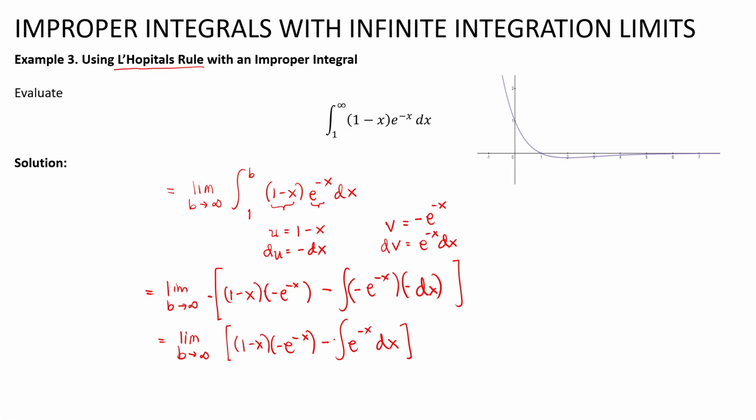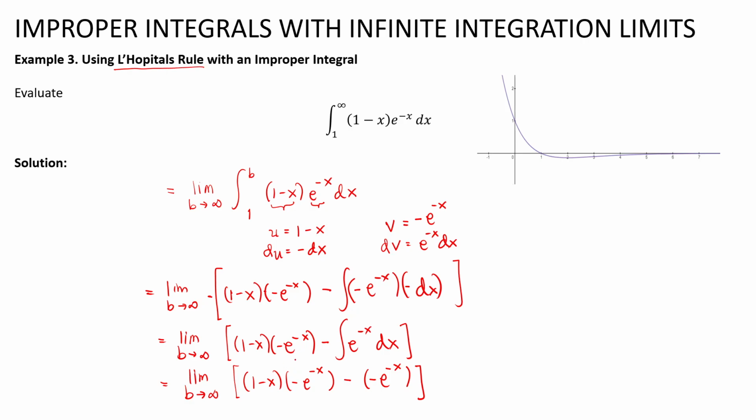Okay, so evaluating the last integral, b approaches infinity, this is 1 minus x, then negative e raised to negative x, and then this is negative e raised to the negative x, then that will be the integral.